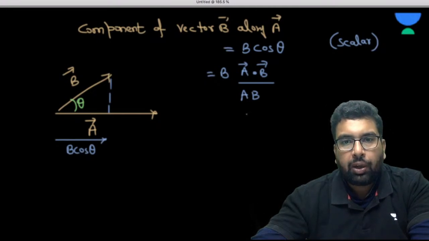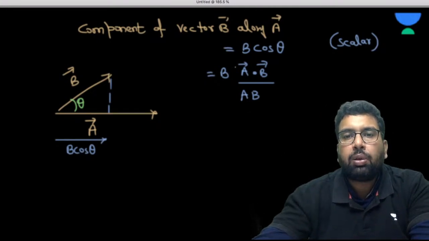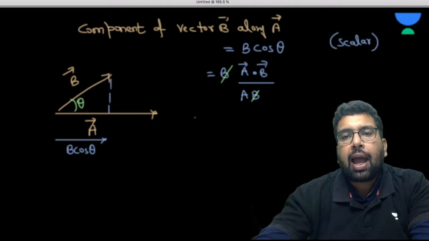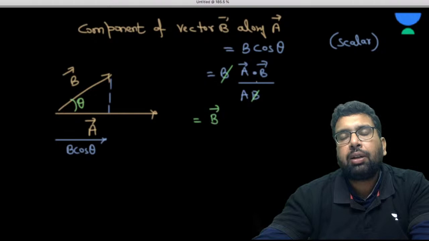Now can I cancel this B and B out, because B is the magnitude? And can I write it like this, since it is commutative? A vector upon A is nothing but A cap.